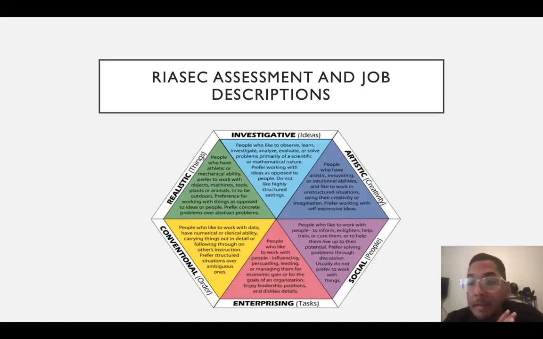Next, we have enterprising, and some values associated with enterprising would be conscious, ambitious, energetic. Some potential competencies for this personality would be verbal skills related to speaking, selling, and leadership skills, and some typical work environments or activities would be giving speeches and presentations and selling merchandise.